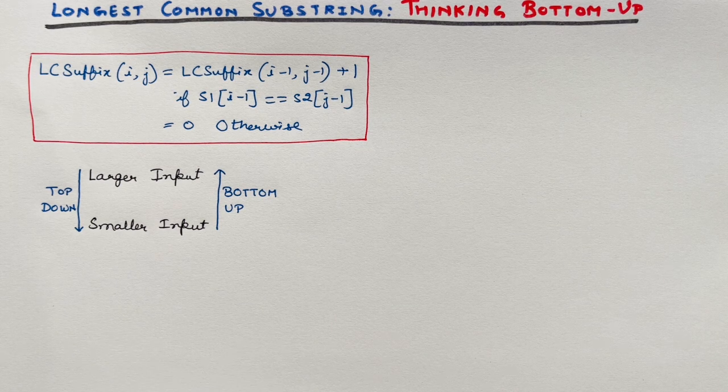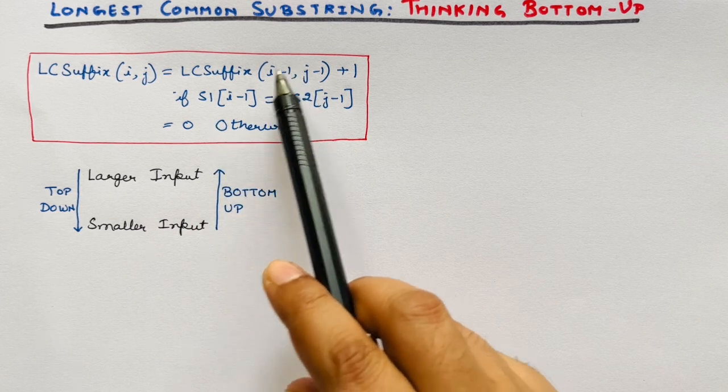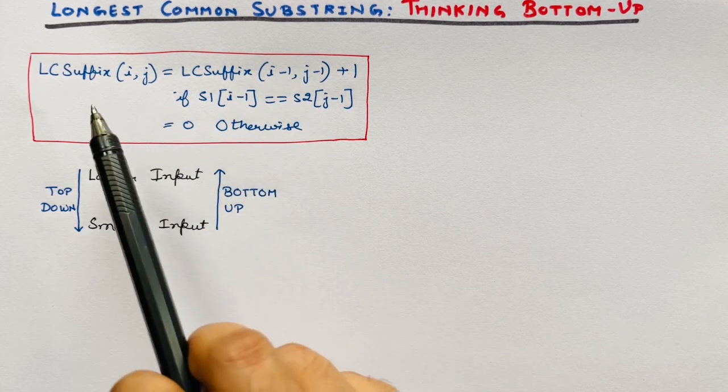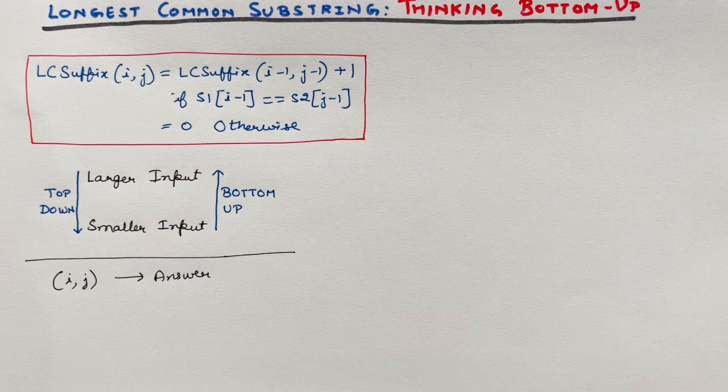We still use the insight of the recursive relation, we still use the answers of smaller problems to get the answer for the larger problem. It is just that the order is reversed. This means we still have to store the information that for a pair of i and j, this is our answer.